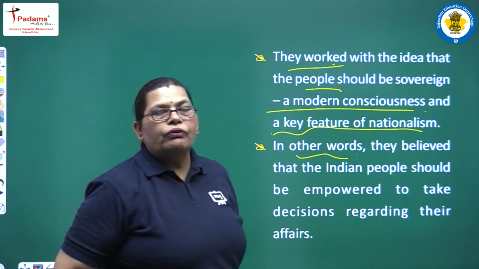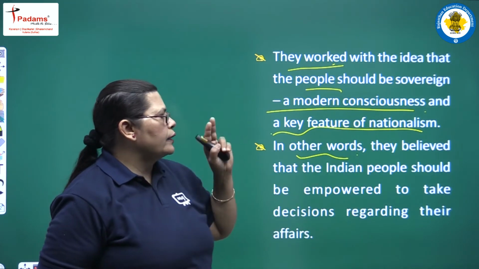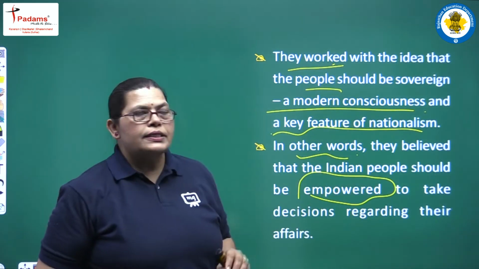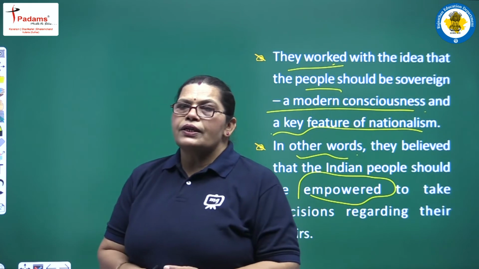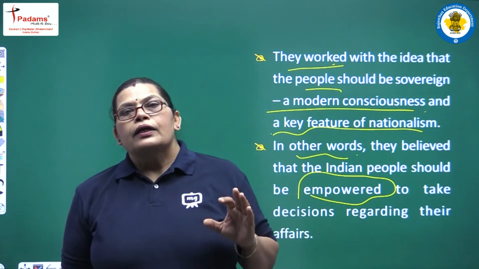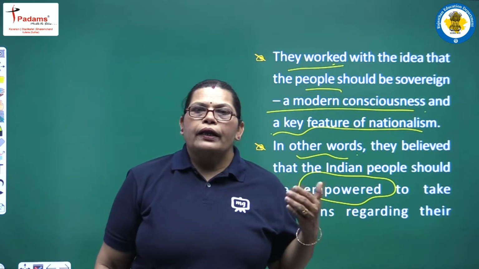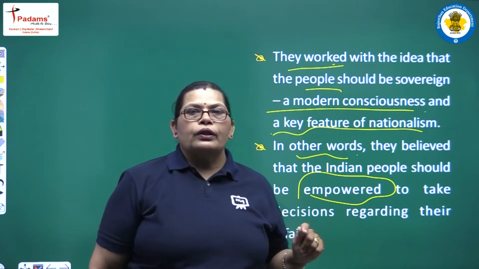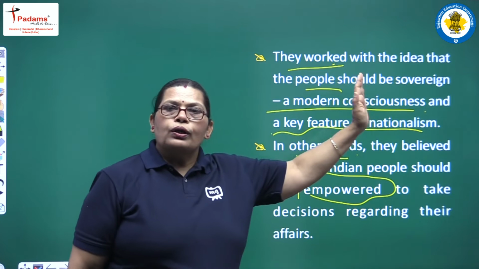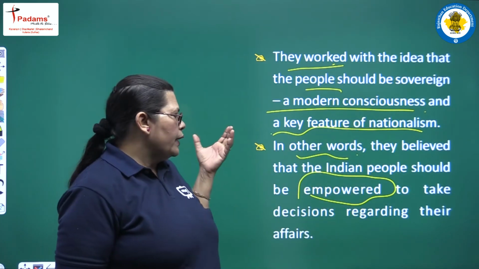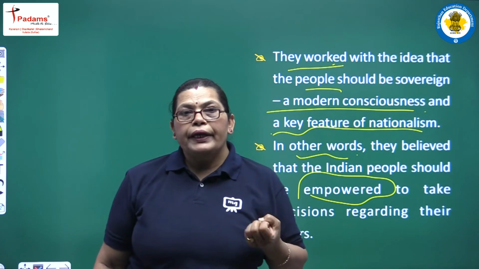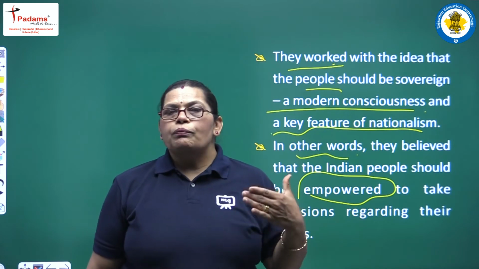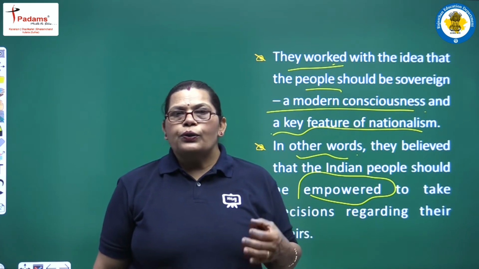In other words, we will say that they believed that the Indian people should be empowered to take decisions regarding their affairs. These reformers have the same mentality, so that's why they formed an association for the betterment of India, because they thought that all the people of India should be empowered by the main decisions, because at that time we were under the rule and control of the Britishers.